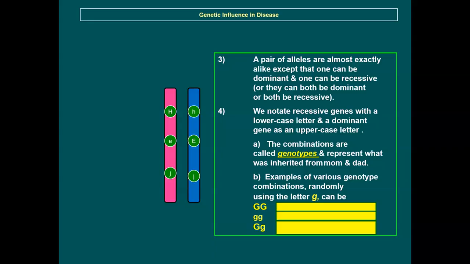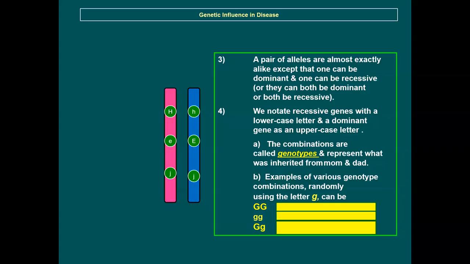And when we put the pair together, we're going to call them genotypes. Just like when you put your Jimmy Choos together, you're going to call them a pair of Jimmy Choos. Well, this pair of alleles is going to be known as a genotype.